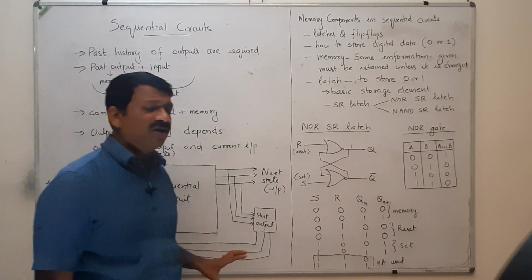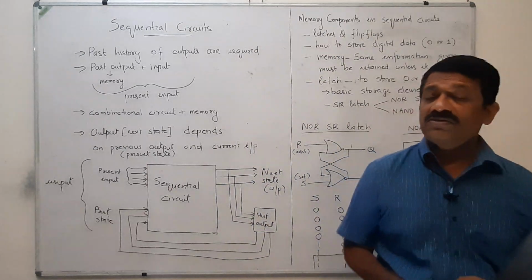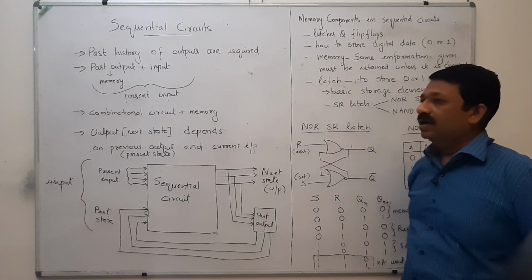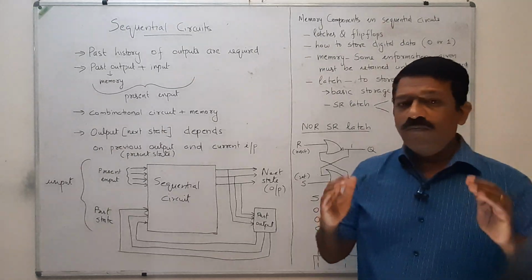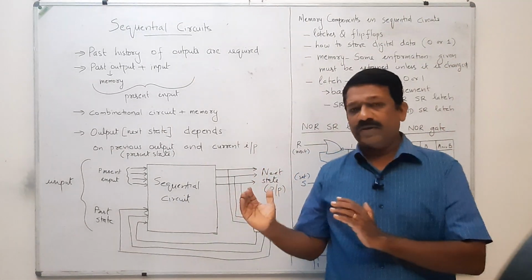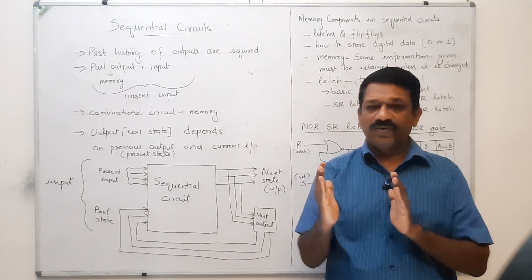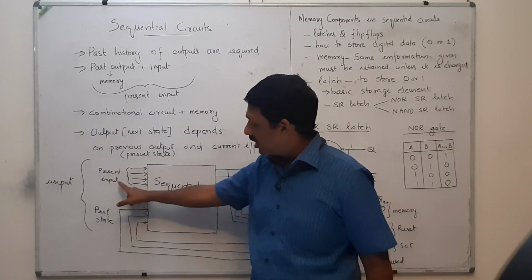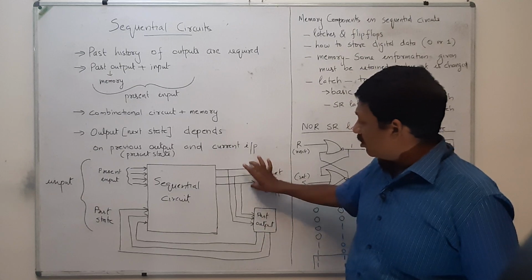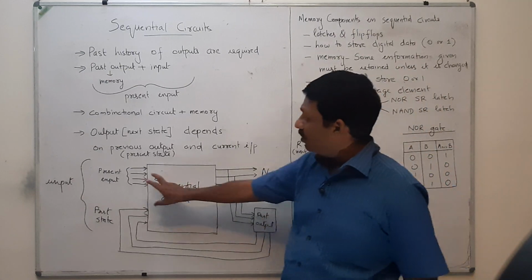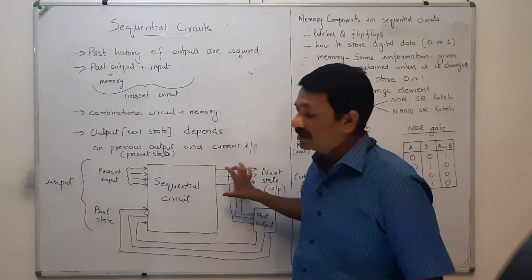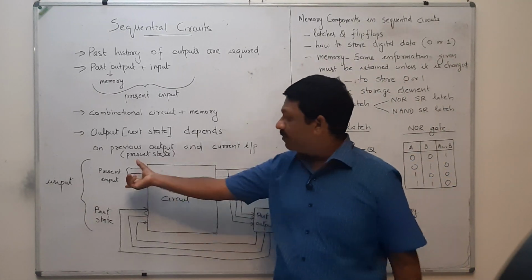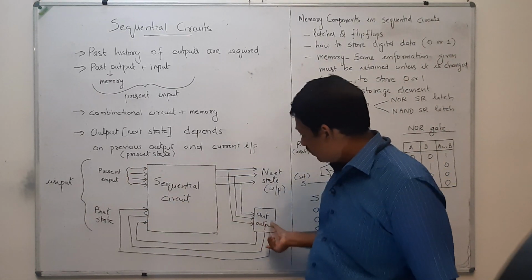Now we are going to discuss what the memory components in sequential circuits are. As you know, a sequential circuit is a combinational circuit plus memory. If the output depended only on the present input, it would be a combinational circuit. Here it not only depends on the present input, it also depends on the past output.